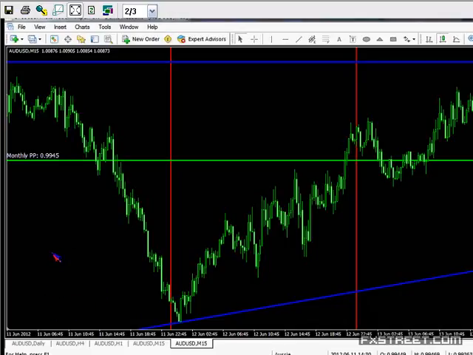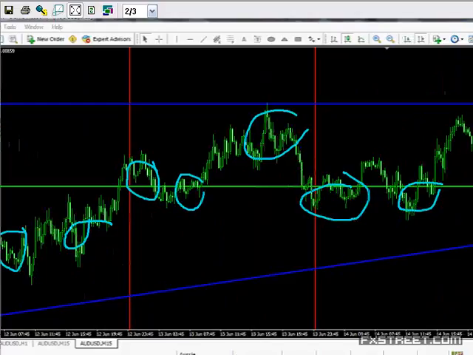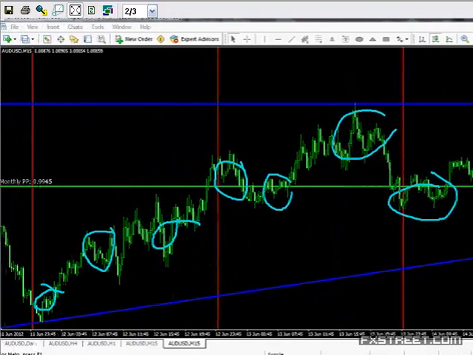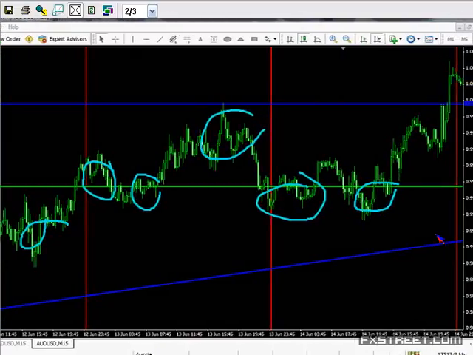One, I would say 2, 3, 4, 5. I'm just circling what I think are probably the 15-minute changes of trend that you would trade off at support or resistance, okay, in 3 days. So there's probably 1, 2, 3, 4, 5, 6, 7, 8. In 3 days, approximately 8 or 9 changes of trend.